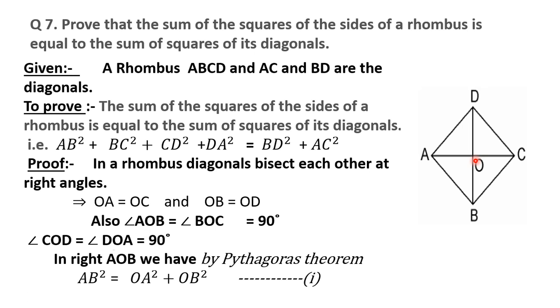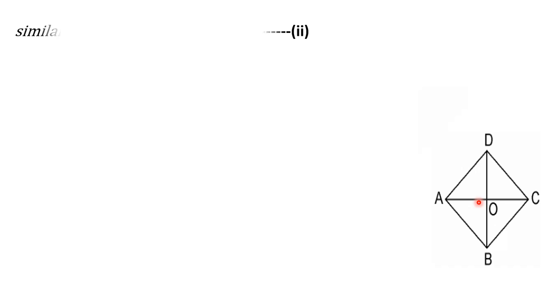Now we take the right triangle AOB. In this right triangle AOB, by the Pythagoras theorem, we can write AB square is equal to OA square plus OB square. This is equation number 1. Similarly, in the triangle BOC, we write BC square is equal to OB square plus OC square.